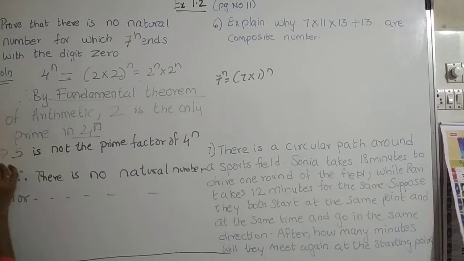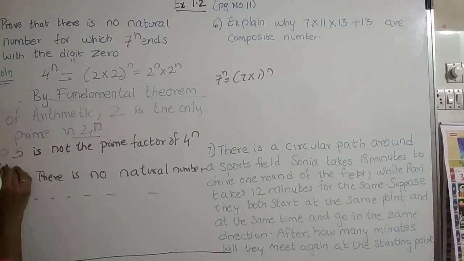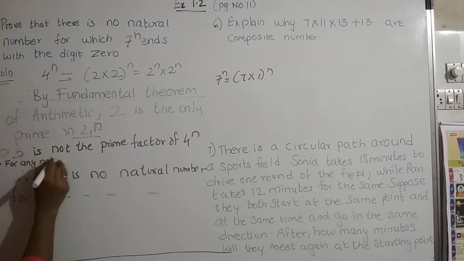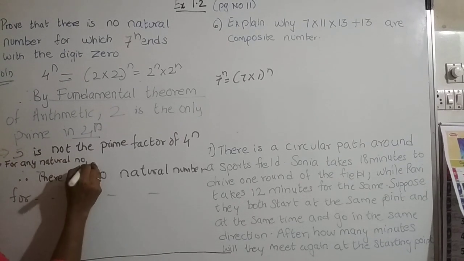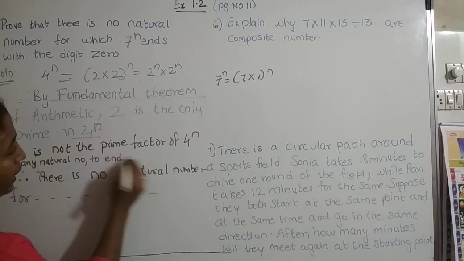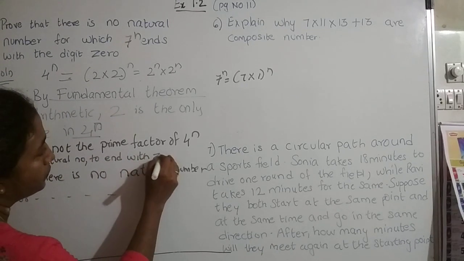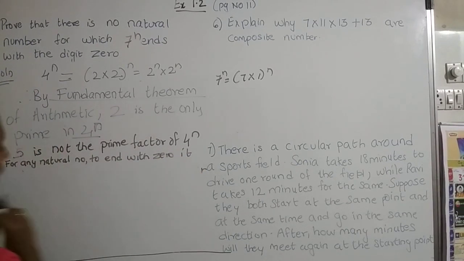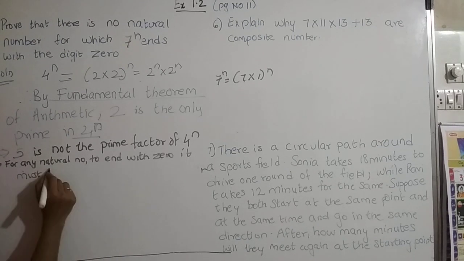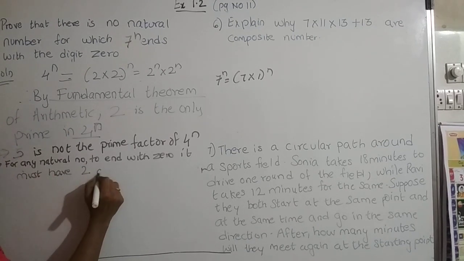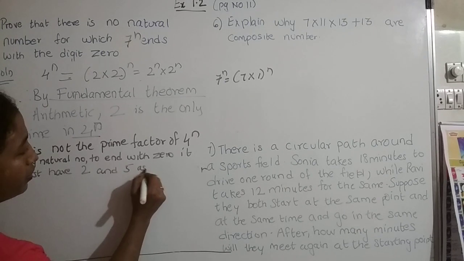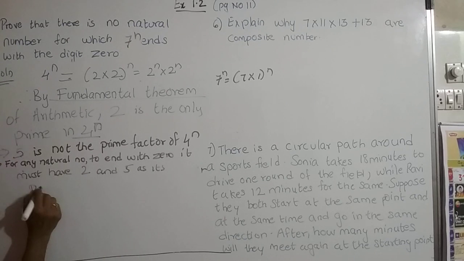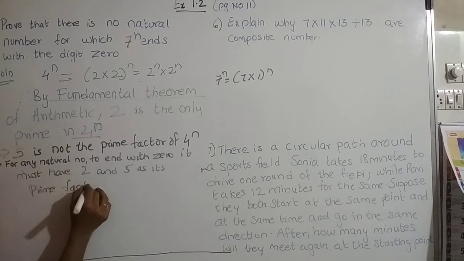If it is for 3 marks, we can also include that for any natural number to end with 0, it must have 2 and 5 as its prime factors, and then we conclude. That will be more appropriate.